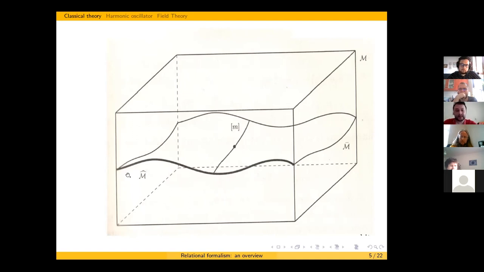Roughly speaking, this curve represents all different physical points, namely physical observables in the phase space. Because for any point here, we know that the gauge orbit is this, so all these points are physically equivalent. So all these points in this M bar are physically different. That's what it means.